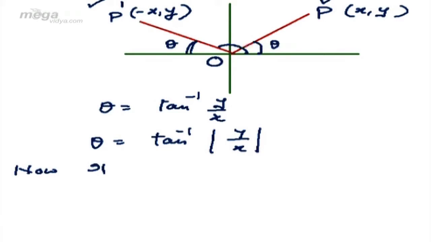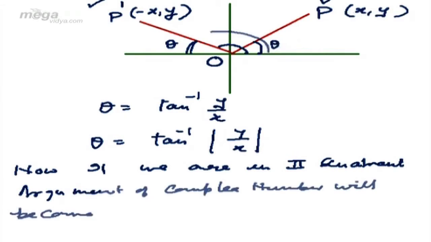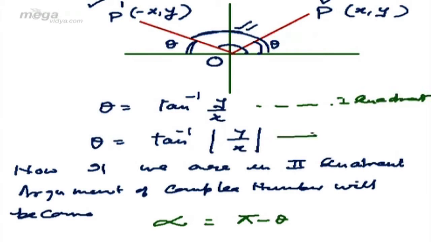Now if we are in the second quadrant, the argument of the complex number will become this angle, that is, alpha will be equal to pi minus theta. This equation is for the first quadrant, this is for the second, third and fourth quadrant.